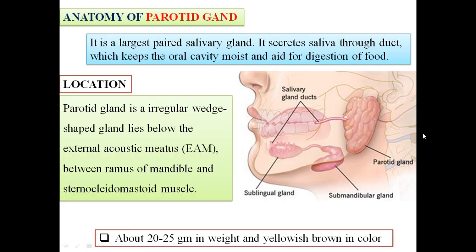As far as the anatomy of the parotid gland is concerned, it's the largest gland located in the face. There are three glands that surround the upper part of the neck region and face: parotid gland, submandibular gland, and sublingual gland.